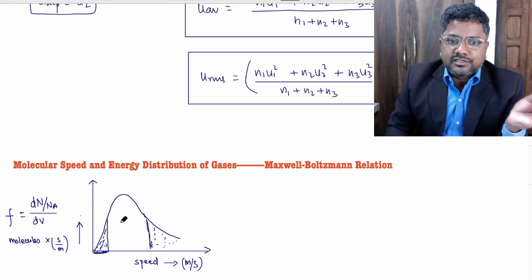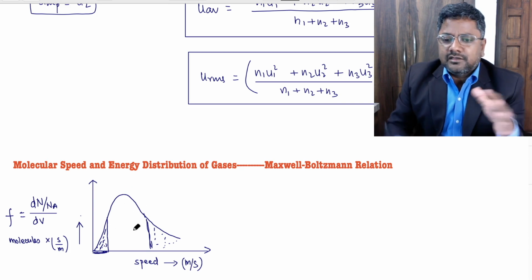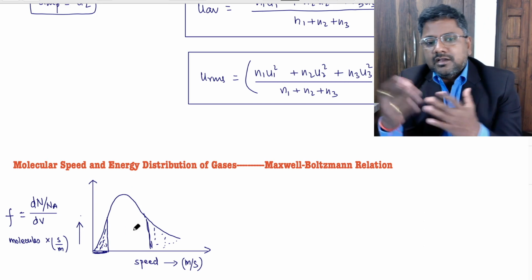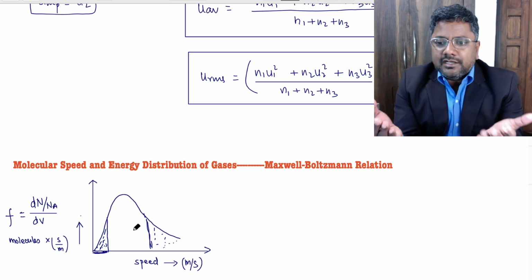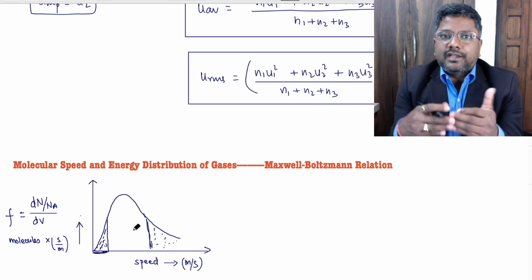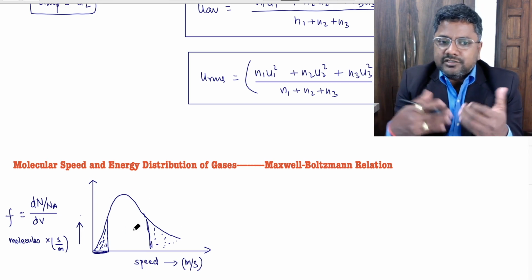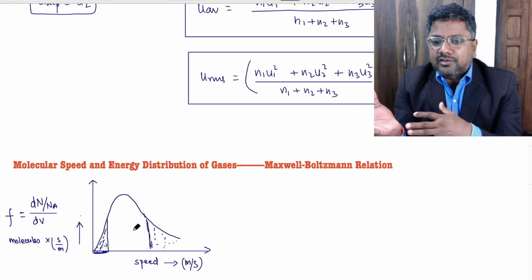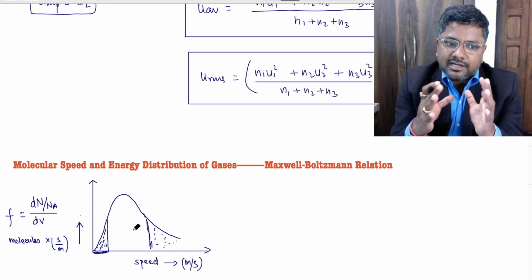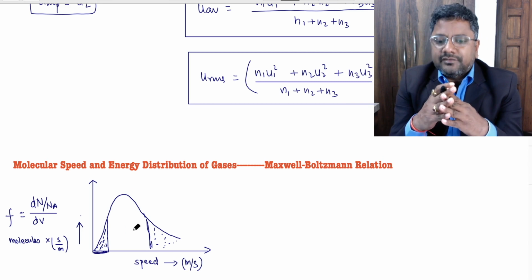So this is the maximum number of molecules having intermediate speed, not too high, not too low. And with this speed you can correlate energy as well, means you can say that a fraction of molecules have less energy, a fraction of molecules have high energy, and the maximum number of molecules have average energy.